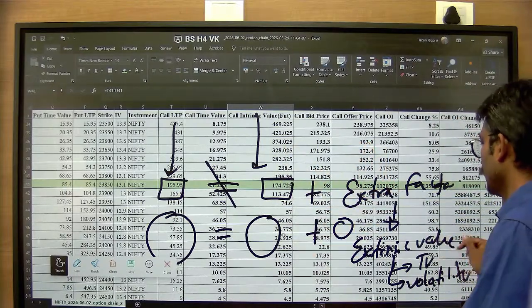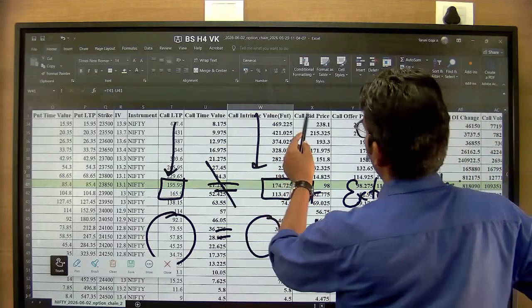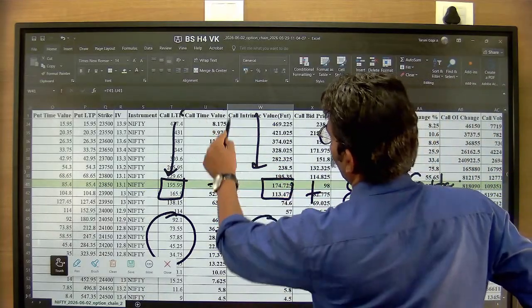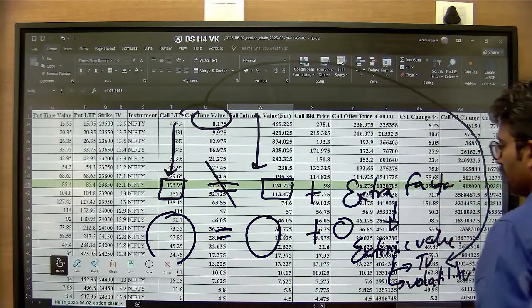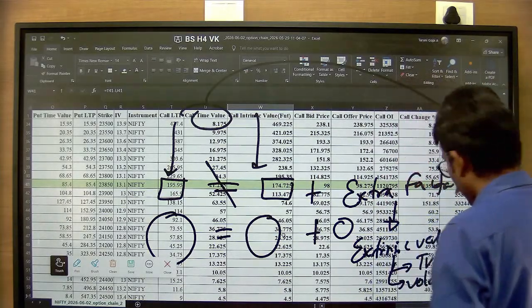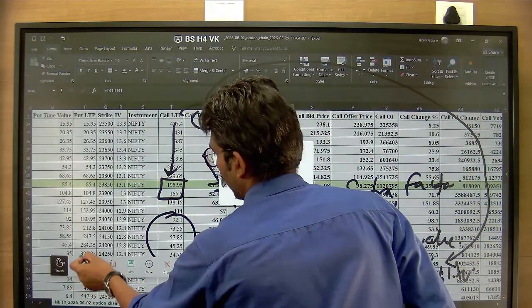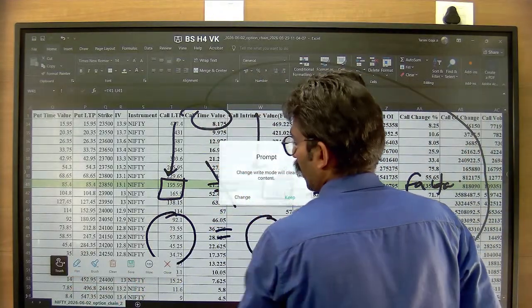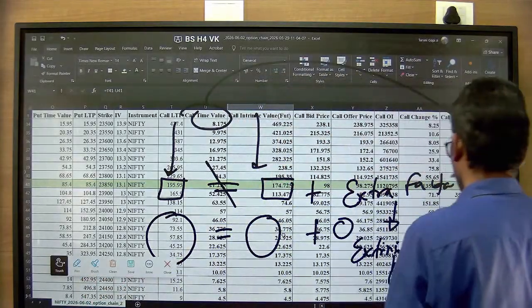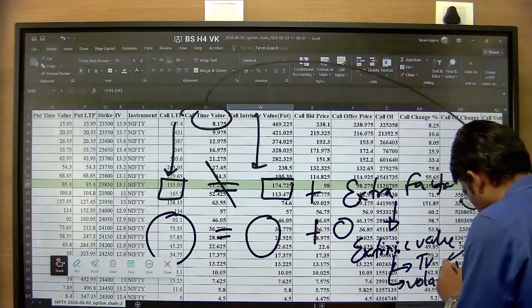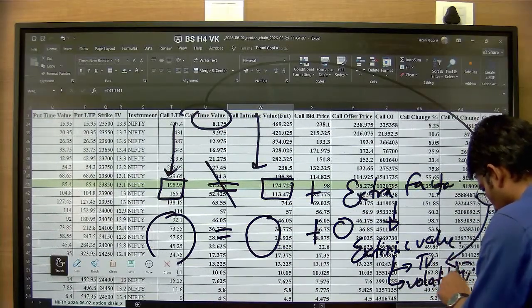But the problem is that here they give you only time value, which is this part. What about the other part, which is not there, which is the volatility part, which is this one, that is not there.